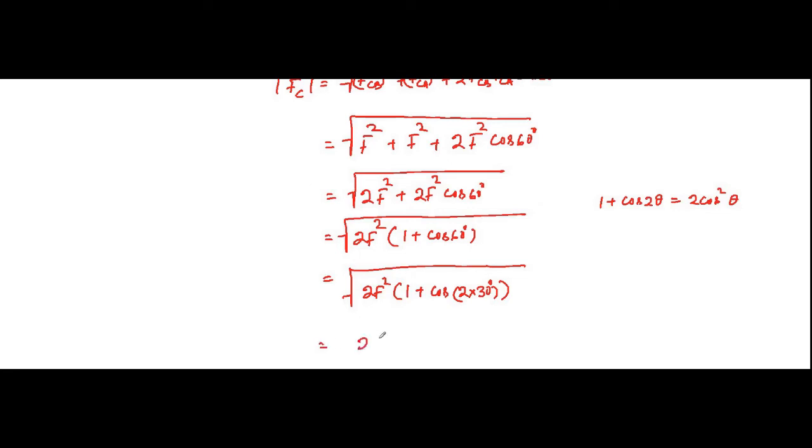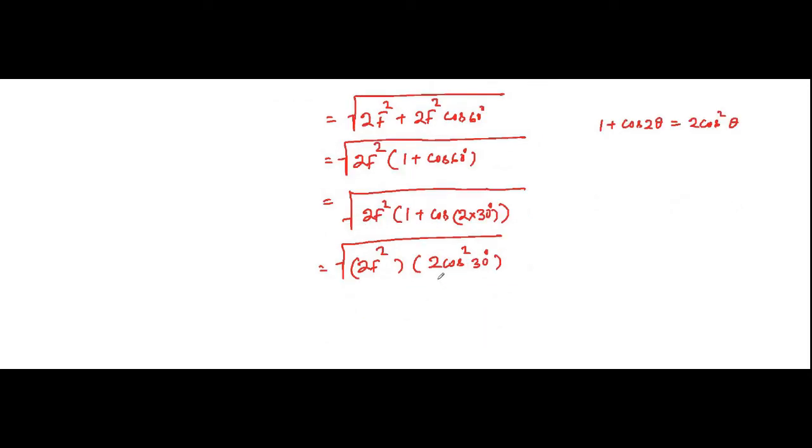So we'll get 2F square into 2 cos square 30 degree. So finally the value will be root over 4F square cos square 30 degree.